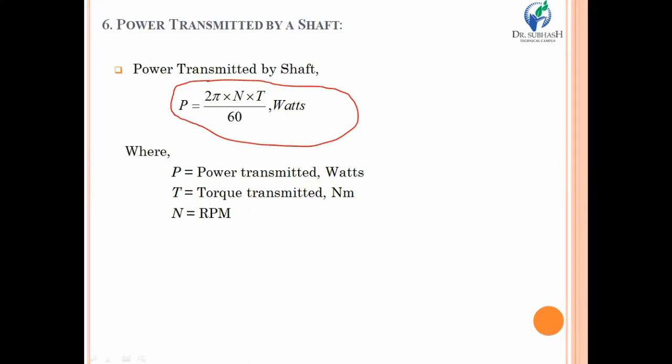Over here, P stands for the power, in watts, T is the torque, in Newton meter, whereas RPM is N. This is the simple equation for power, and generally in case of an IC engine, this same equation is known as the brake power equation.